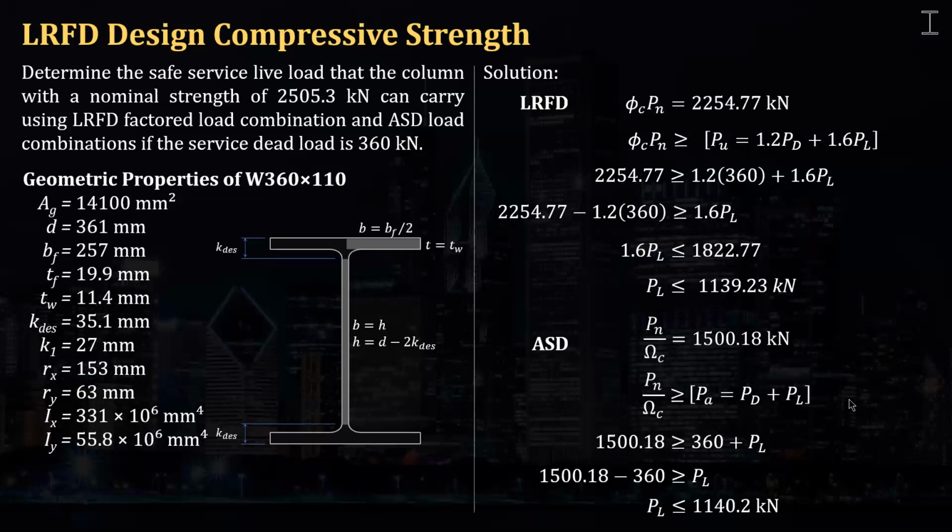Okay, so that's it. That's how to calculate the design strength considering LRFD and also allowable strength considering ASD using NSCP 2015. In my future video, I'll be discussing how to calculate these strengths, design and allowable compressive strength, if there's a slender member. Now, what is a slender member? That means the thickness is too small compared to the width. It's like this.